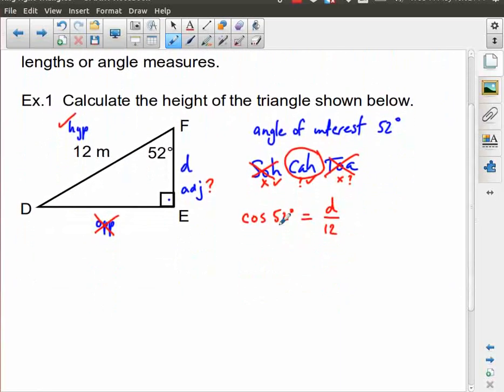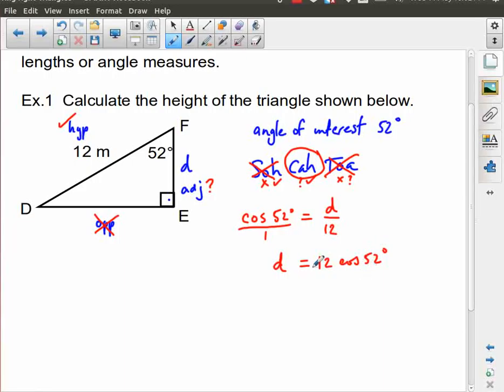Keep in mind, you don't have to write this. If you get comfortable with it, you don't need to write it. But cos 52 degrees is the same as cos 52 over 1. So I'm going to cross multiply. D times 1 is simply equal to D, and 12 times cos 52 is 12 cosine 52 degrees.